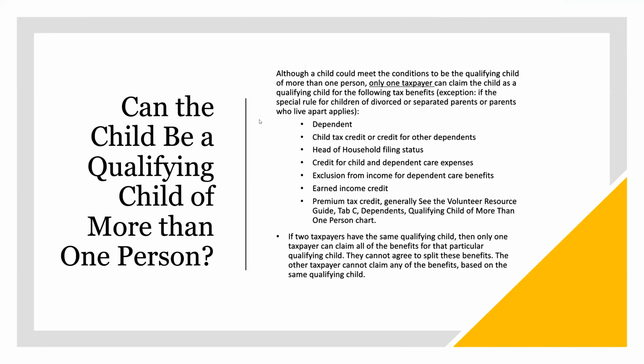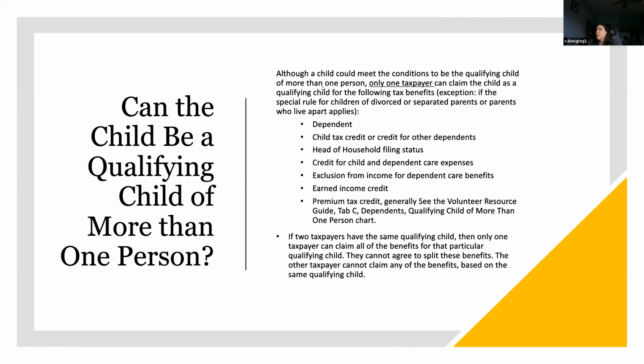Now there are a lot of situations where the parents aren't together. So sometimes we need to get into which parent can claim the child, or maybe neither parent can claim the child and maybe the grandparent can, or some other relative can.